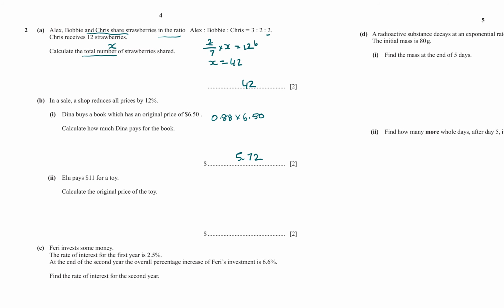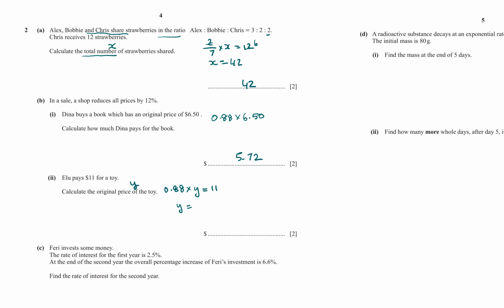Then Eliu pays $11 for the toy. Calculate the original price of the toy. It's a continuation of the same question, the second part of part B. So all prices are reduced by 12%, and the final price is this. Suppose the original price of the toy is Y. Then 0.88 times Y is equal to 11.